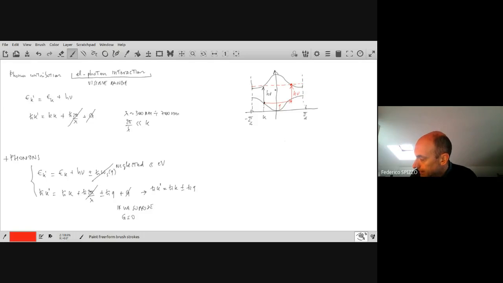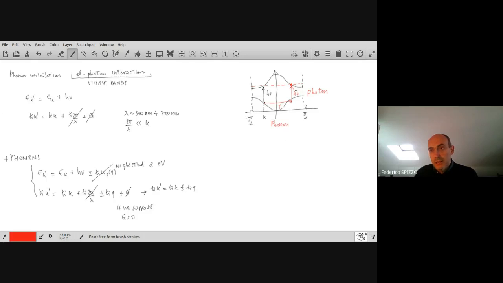the final state of the electron can be accessed by a contribution given by both the phonon and the photon.